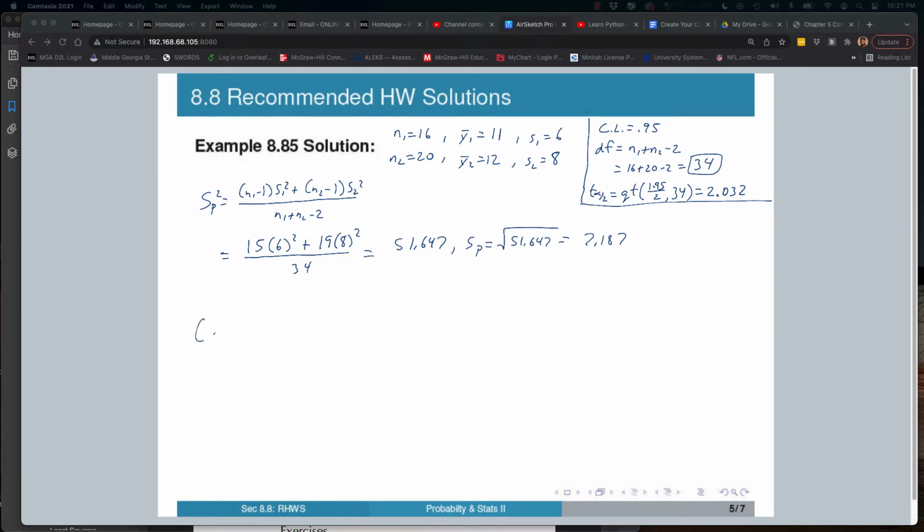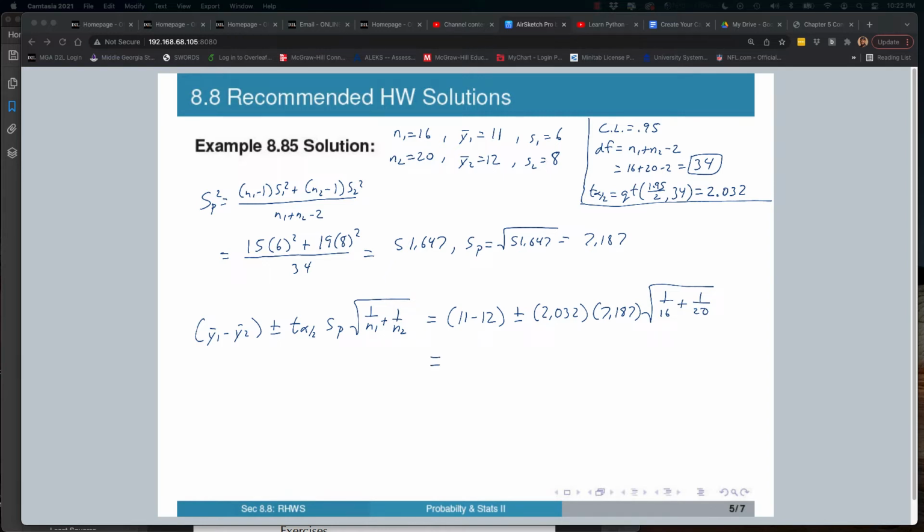So now we can finally do everything. So we've got y bar 1 minus y bar 2 plus or minus t sub alpha over 2 times the pooled standard deviation times the square root of 1 over n sub 1 plus 1 over n sub 2, which equals 11 minus 12, subtracting the y bars from one another, plus or minus 2.032 for the critical value, times this pooled standard deviation, which is 7.187, times the square root of 1 over the sample size of the first group, which is 16, plus 1 over 20 for the second group.